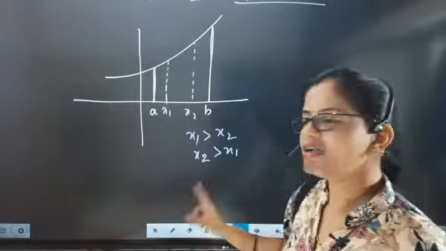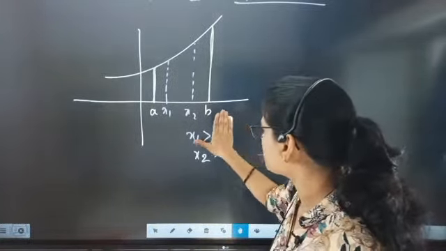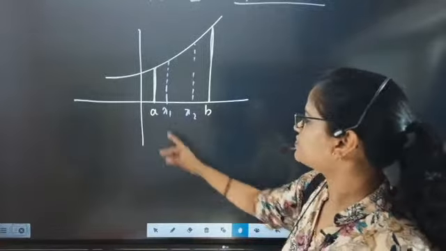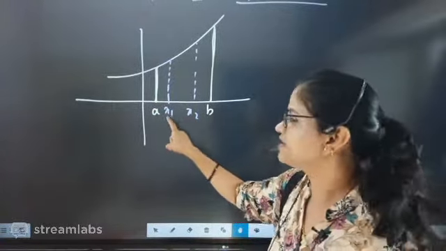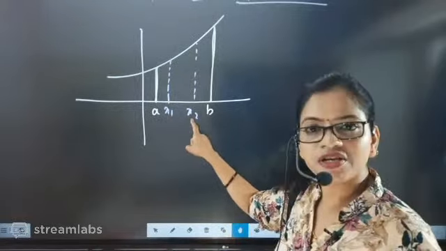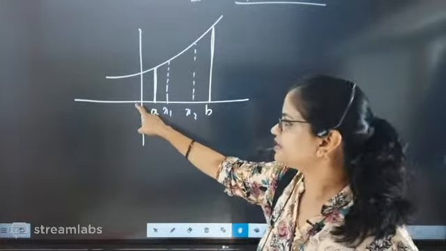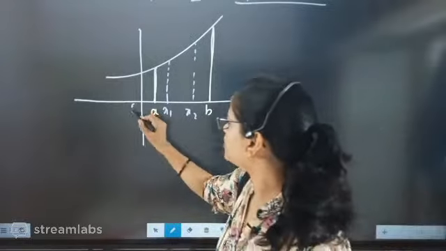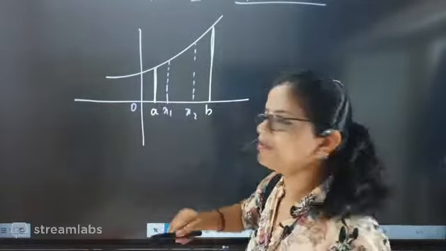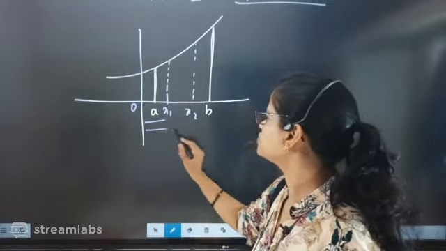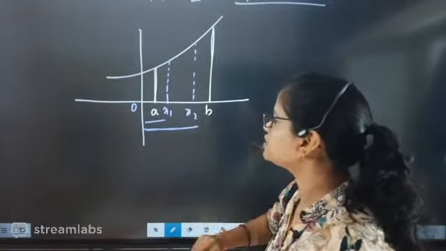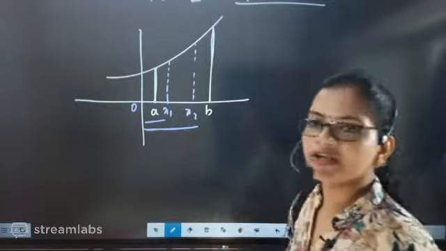Then you will say, auntie, you know what, this one is wrong. Why? Because when we go from left to right, auntie, x2 will always be greater than x1. Think, beta, here it is the origin. From the origin, when you go, this part will become the interval A, then A plus this section total is x1 and this total is x2. If you see lengthwise also, x2 is greater than x1.